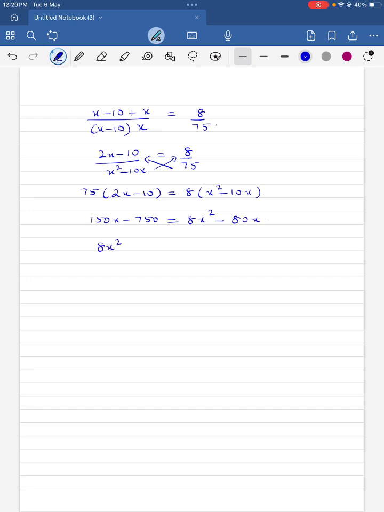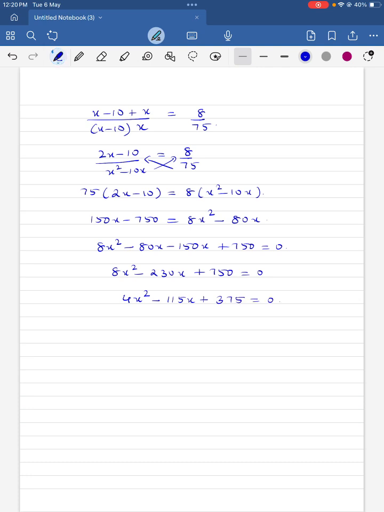So I would have 8x squared minus 80x minus 150x plus 750 equal to 0. Which means 8x squared minus 230x plus 750 is equal to 0. Now if I simplify this equation by dividing with 2 throughout, I would get 4x squared minus 115x plus 375 equal to 0.